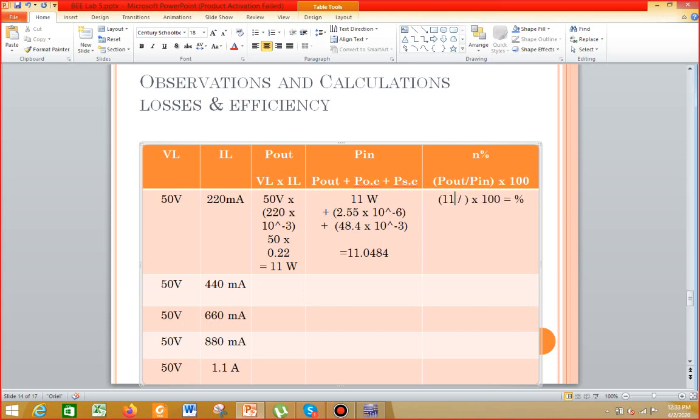So P out is 11 watts divided by 11.0484.